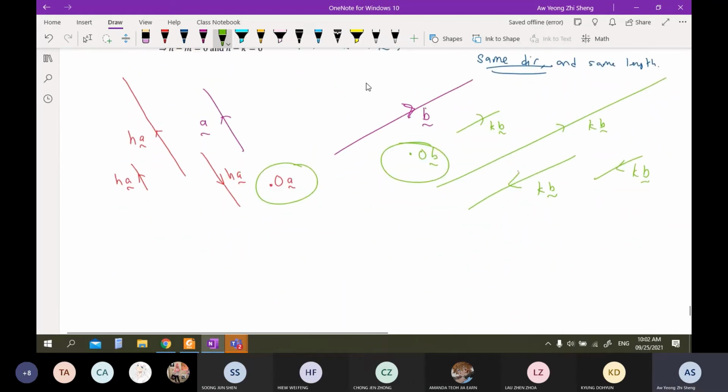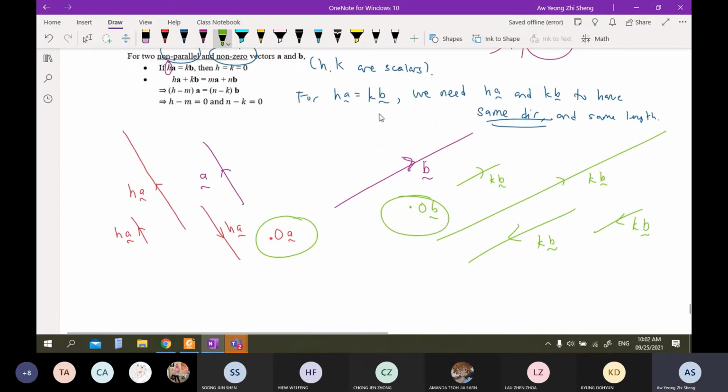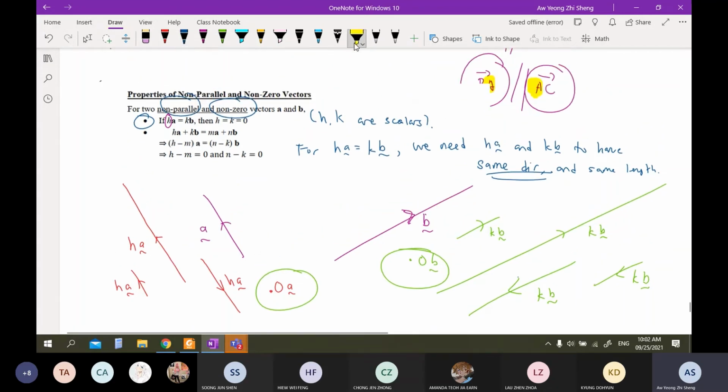So the only way for HA to be equal to KB is when H and K are both 0. That's why we have the first bullet point here. If A and B are non-parallel and non-zero vectors, and this condition is important, then if HA equals KB, both the coefficients must be equal to 0 for equality to hold.